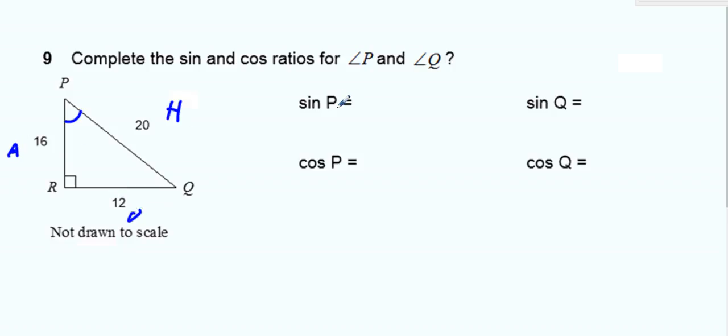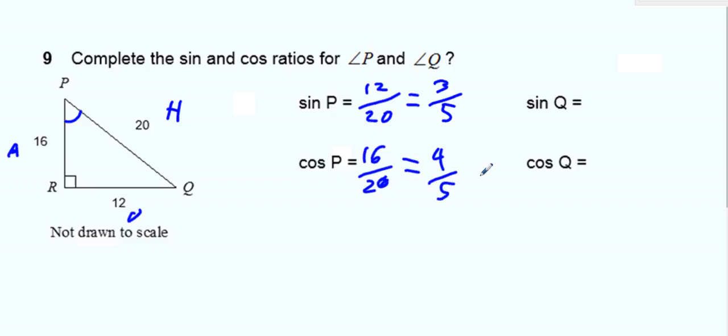So sine, which is opposite over hypotenuse, would be 12 over 20. Or you could reduce that, divide by 4, you get 3 over 5. For cosine, it's adjacent over hypotenuse, which is 16 over 20. Or you could reduce that, divide by 4, you get 4 over 5.